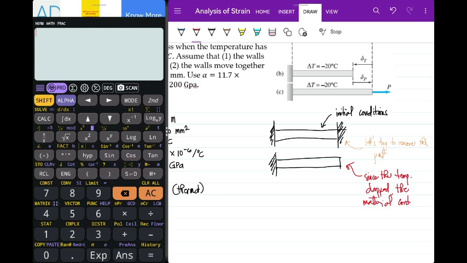Just what I said a while ago, since the temperature dropped, this material contracts, meaning it shortens.